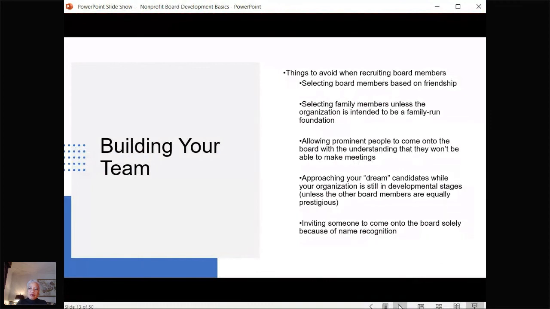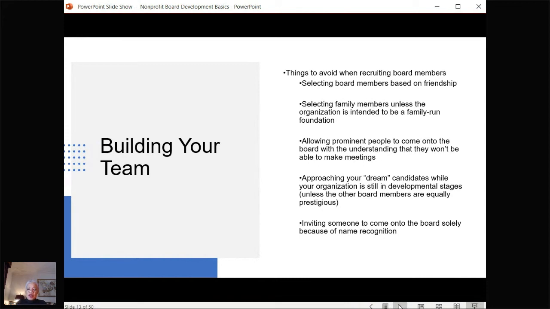So work out the kinks before you bring on those dream candidates. But at the same time, don't just put people's names on the paper just so you can fulfill a requirement, right? You want to find out early on, as early as possible, whether or not people are in fact committed.